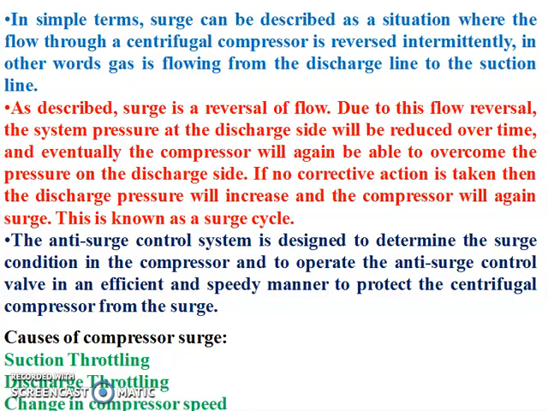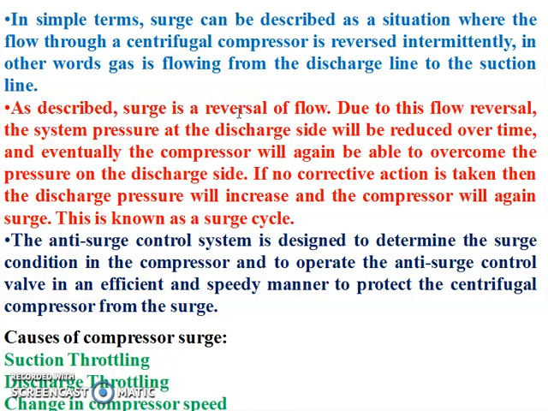Now in simple terms, surge can be described as a situation where the flow through a centrifugal compressor is reversed intermittently. In other words, gas is flowing from the discharge line to the suction line. As described, surge is a reversal of flow.